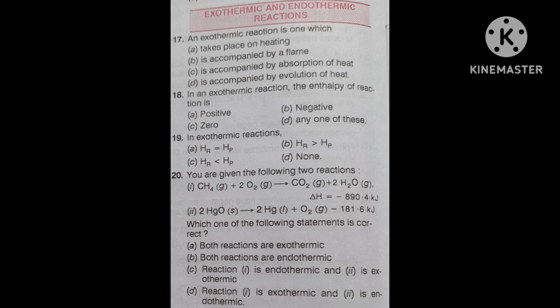Again, I am repeating. You are given the following two reactions. CH4 plus 2O2, both gas, gives CO2 plus 2H2O, and delta H is equal to minus 890.4 kilojoule.